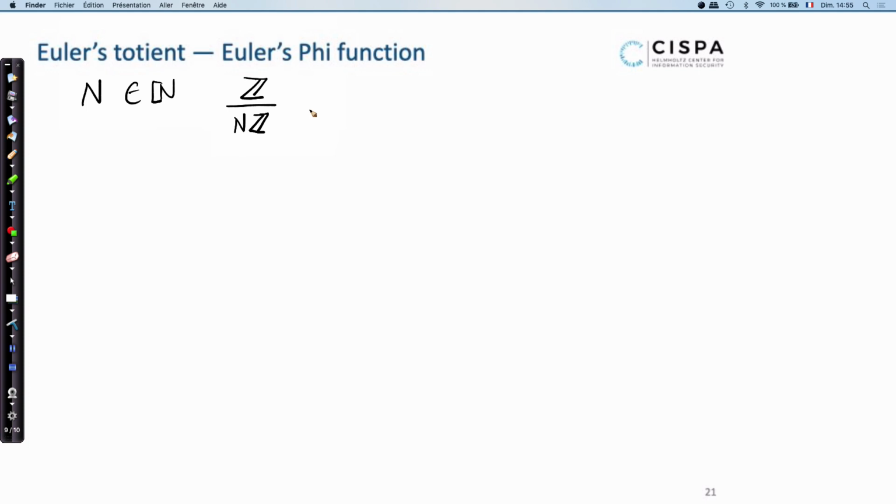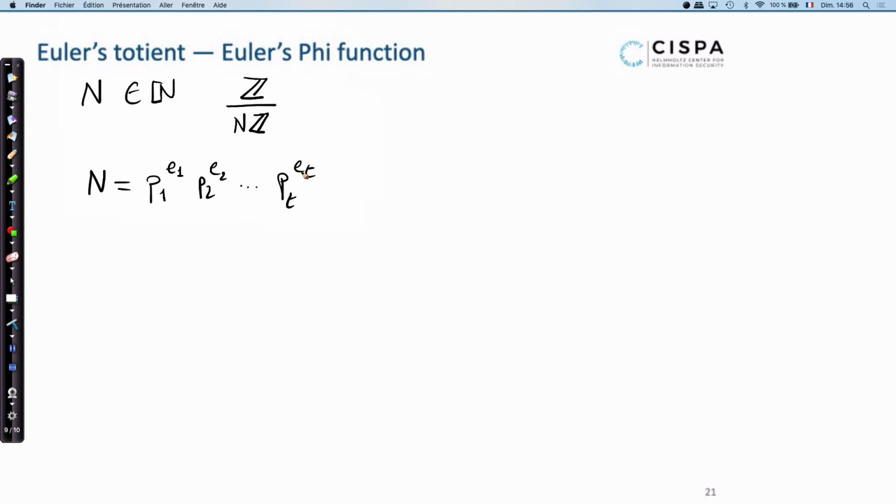Remember, if n is prime, then everyone except 0 is invertible, but otherwise any multiple of a prime factor of n is going to cause some problem. And we would like to count exactly what's going to happen. So you take n and look at its prime decomposition. It's going to be p1 to the power e1 times p2 to the power e2 times ... times pt to the power et.